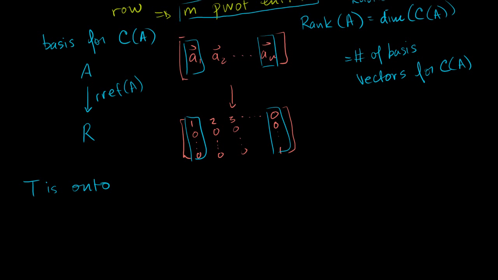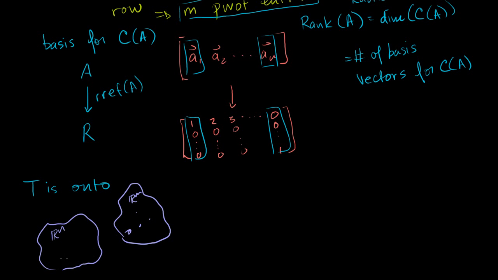And another way of saying that is that if you have your domain here, which was Rn, and you have your codomain here that is Rm, every member of Rm can be reached by T by some member of Rn. That any guy here, there's always at least one guy here that if you apply T to it, you get right there. There might be more than one.